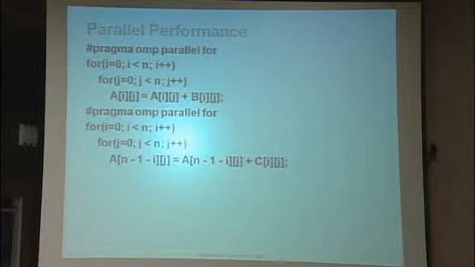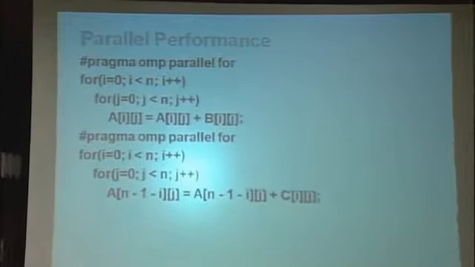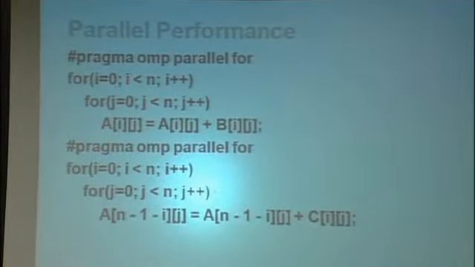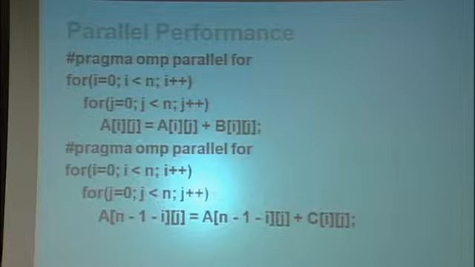Okay, so now I'm switching a little bit. I want you guys to look at this program. What am I doing here? I have a 2D loop nest, and I am basically adding matrix B to matrix A. Then I have another loop nest, adding matrix C to matrix A, and I am going through matrix A in the other direction.